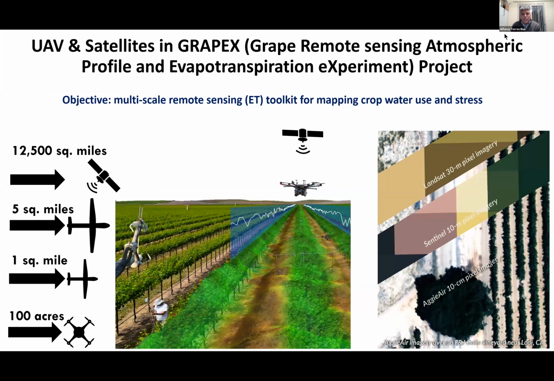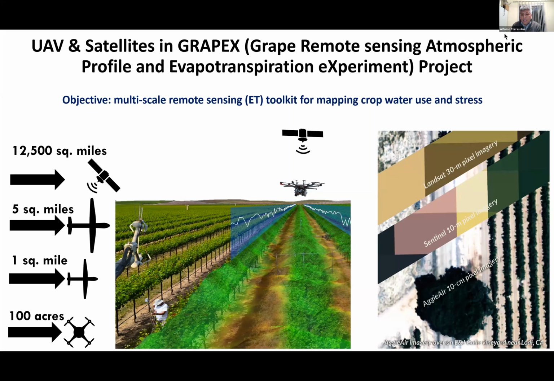As part of the GRAPEX project that we heard about on Monday and will hear about with the following speakers, we all have the same common goal, that is multi-scale remote sensing algorithms and knowledge for mapping crop water use and stress. The different UAV technologies will be able to provide different area coverage, but all of them will be able to sample or characterize the surface, characterize the grape and interrow conditions at finer scales.